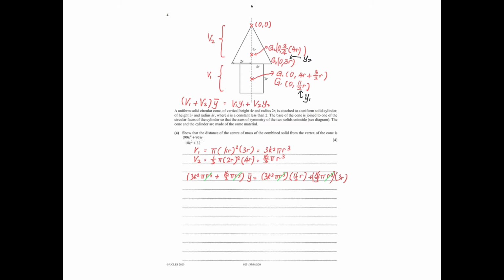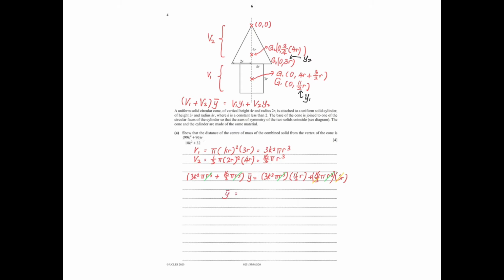After doing so, we also realize that we can cancel off the 3 on the last term here, the 3 at the bottom and the 3 over there. Now we simplify the equation.